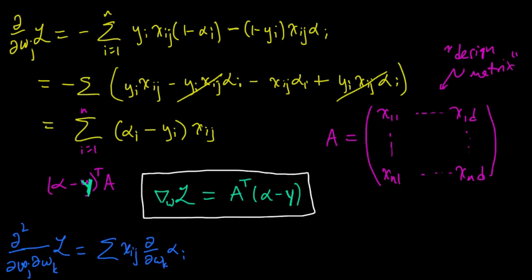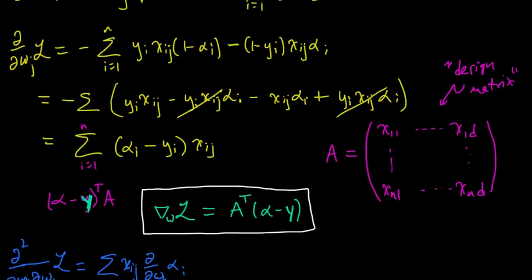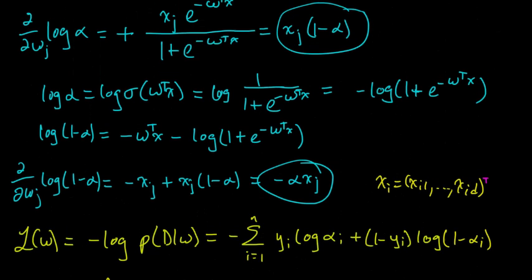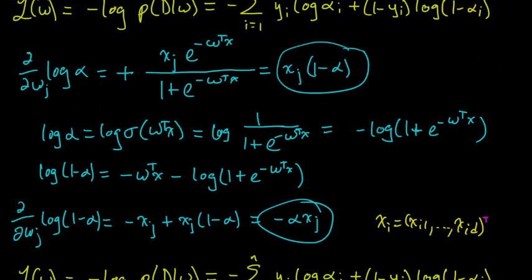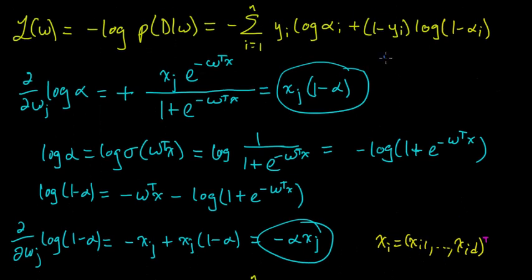So let's figure out what that is. Well, we already figured out up here what the derivative of log of alpha was, and now we want to get the derivative of just alpha. So the derivative of log of alpha is, of course, the derivative of alpha over alpha.